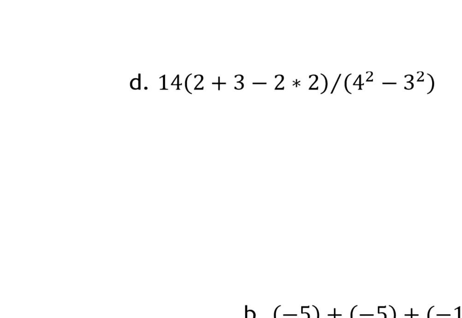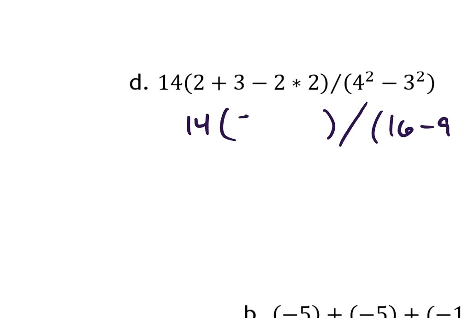Let's see, on D, right, I've got 14. So there's a huge numerator, and then a multiplication problem, and then division by something in the denominator here. So if I was to look at this denominator, this set of parentheses has a 16 minus 9. And this other one has a 2 plus 3.